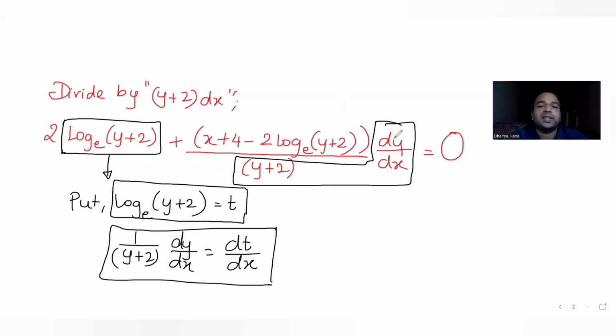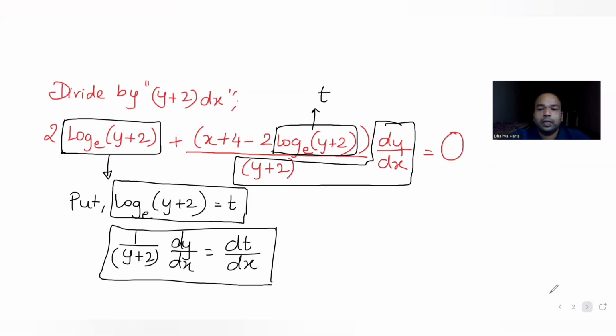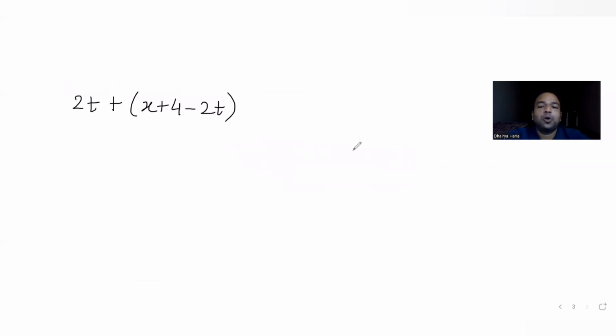I can replace 1/(y + 2) dy/dx with dt/dx, and log_e(y + 2) I have referred to as t. So my differential equation becomes 2t + (x + 4 - 2t) dt/dx = 0.